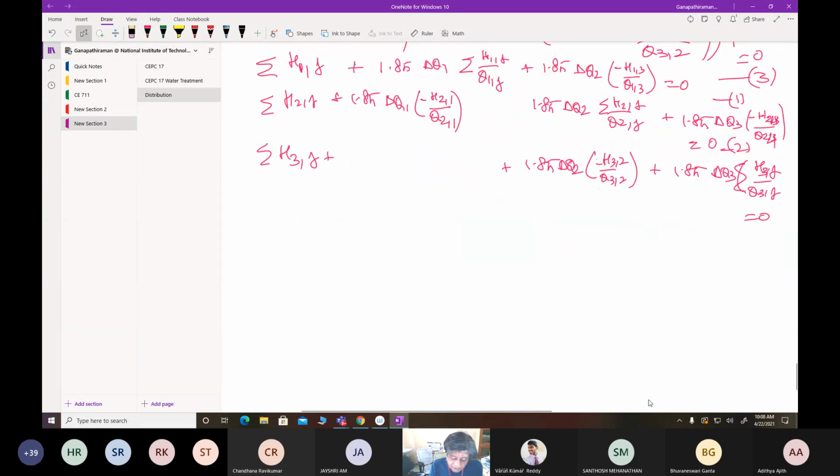So I just modify these equations, and you will see that you get sigma of H1J by Q1J into delta Q1, plus delta Q2 into minus of H13 by Q13, equal to minus 1 by 1.85 sigma of H1J.